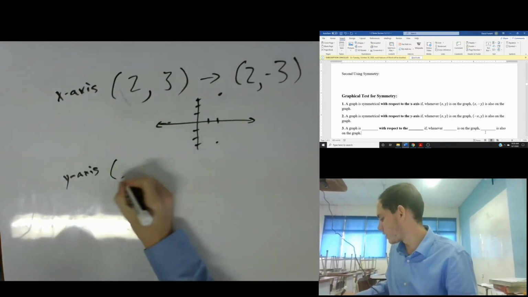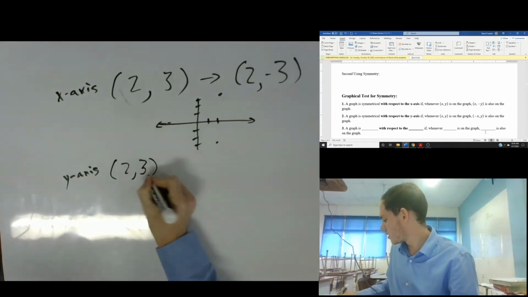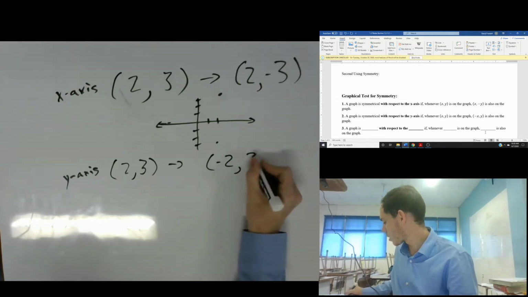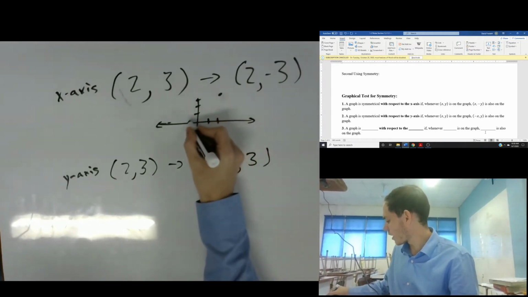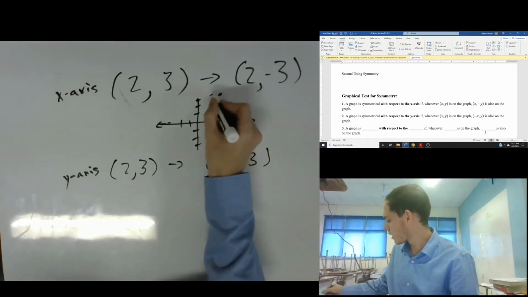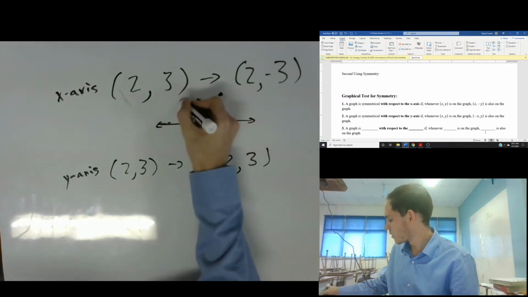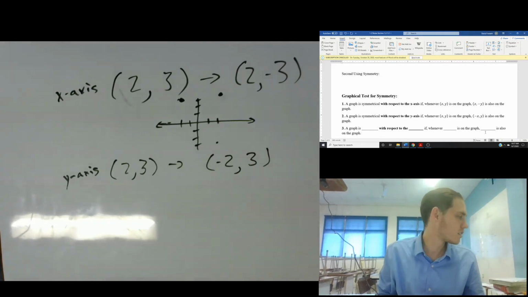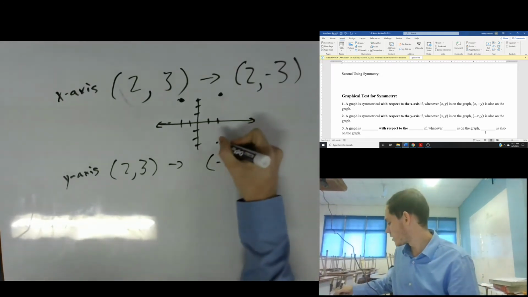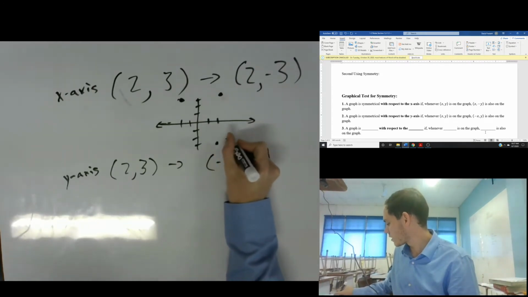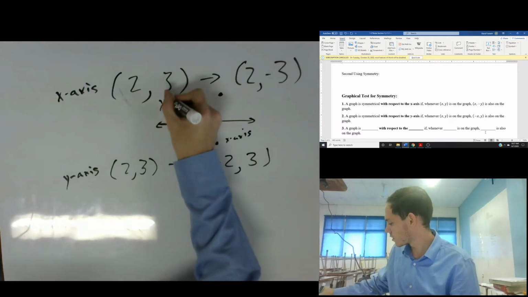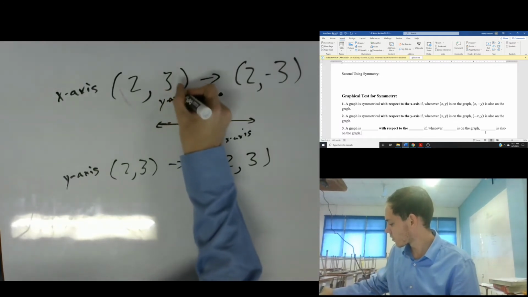That means if we have the point 2, 3, with y-axis, it implies negative 2, 3 is also on the graph. So with y-axis, that would mean that if we have this point, we also have this point. I'll use different colors next time. So this is the x-axis, and this is y-axis.